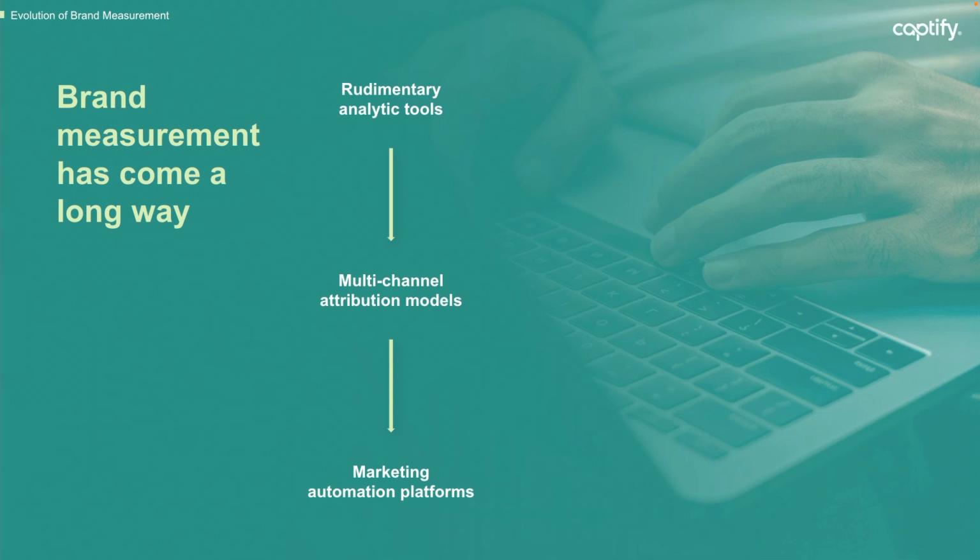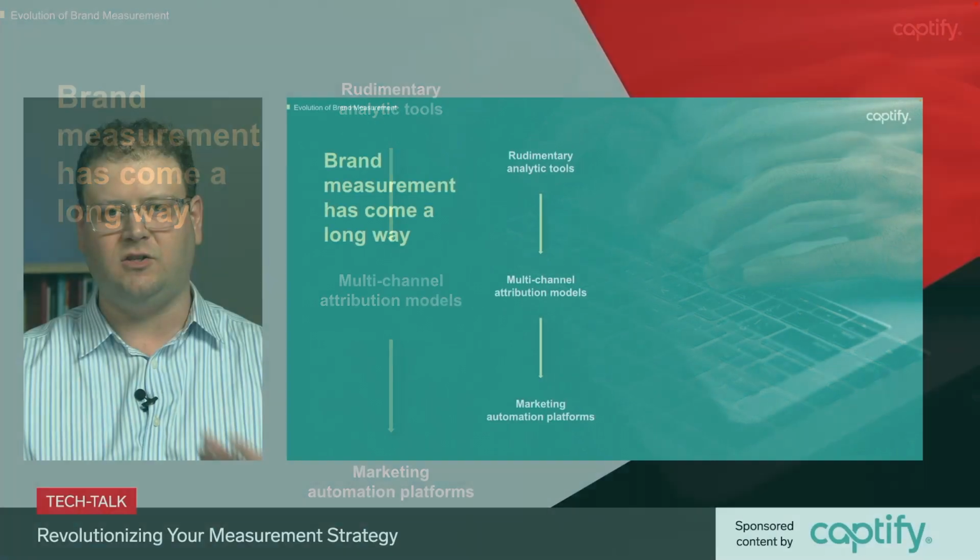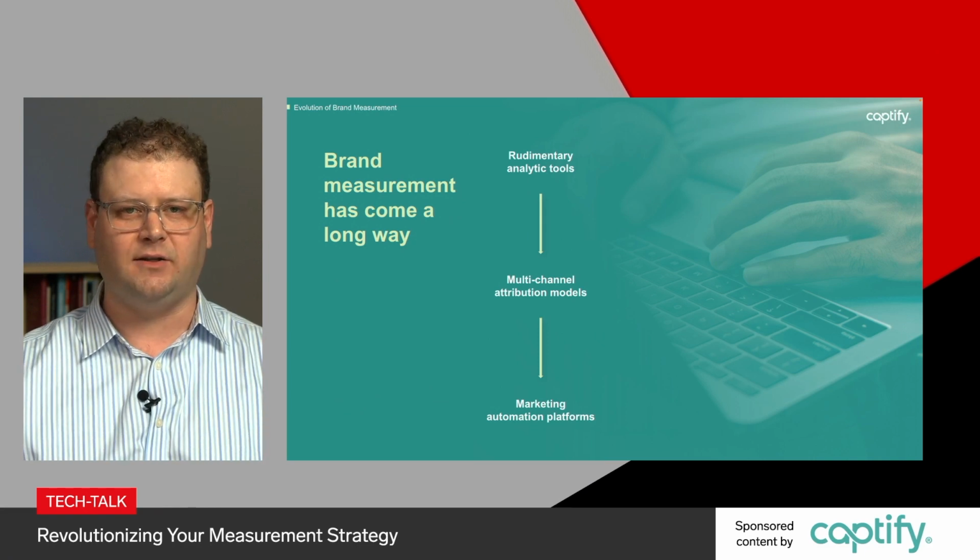Moving forward towards more modern things like marketing automation platforms and customer data platforms, the idea is they're giving you what they say is a holistic view of what's going on with your customers and your brand, but there are still some challenges inherent with these turnkey solutions.